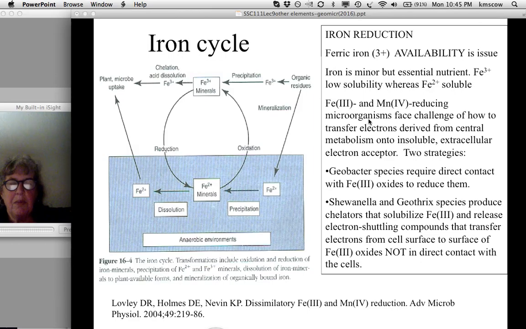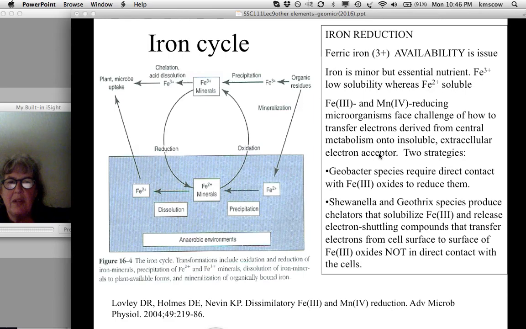I think I talked before about the fact that prokaryotes that have their electron transport chain in their outer membrane can access that very low solubility ferric iron by attaching to the surfaces of minerals with ferric iron, and can essentially either transfer their electrons directly to it, or access anything that comes off into solution.